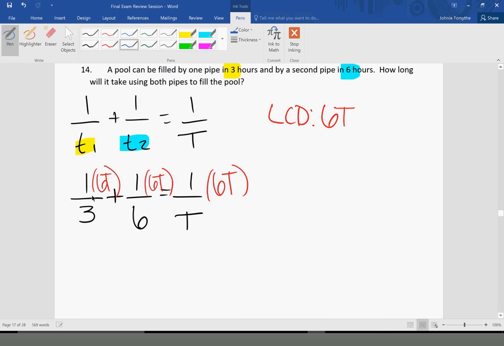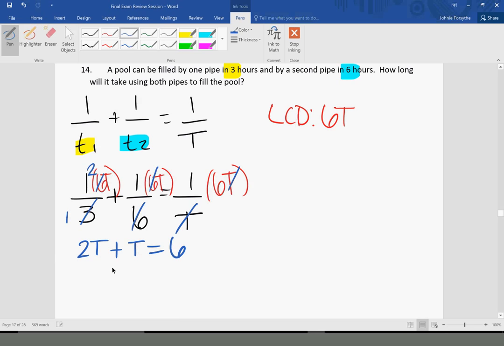So 6T times 1 over 3. Well, 3 can go into 3 once, and 3 can go into 6 twice. So we actually just have 2T. 6T times 1 over 6. The 6's cancel, and we have plus T equals 6T times 1 over T. The T's cancel, and we just have 6.